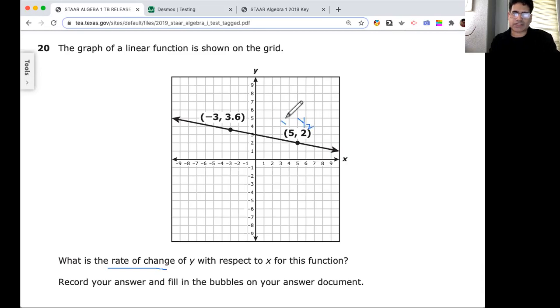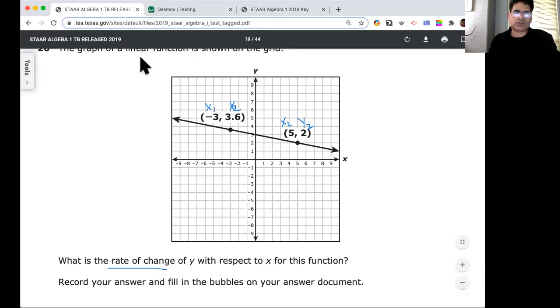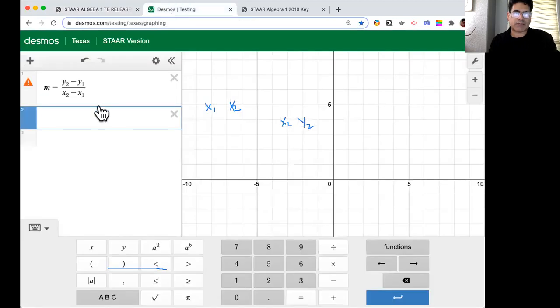Y2 and x2, and we're going to take these values away, that's x1 and y1. So it can be confusing, x2, x1. So somewhere have that noted so that you remember your formula in the correct order, right? And I marked it right there in Desmos, so that I set up the fraction like that.